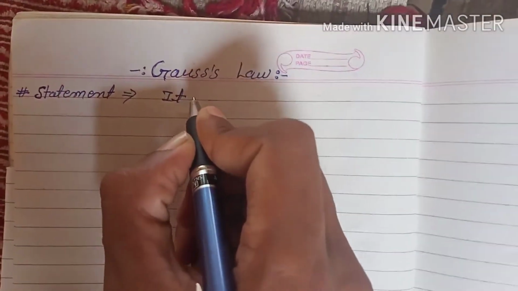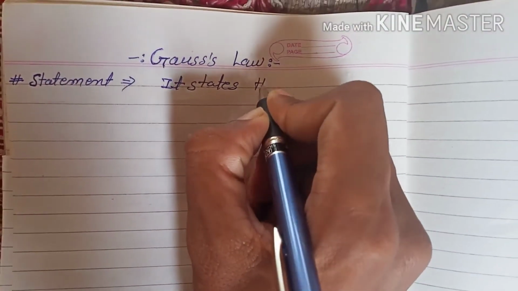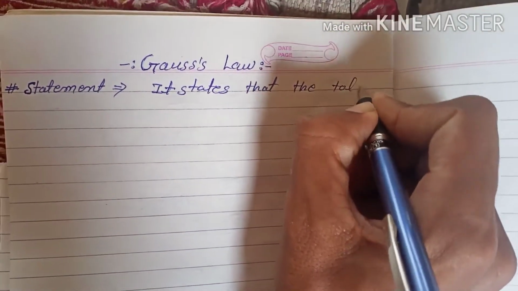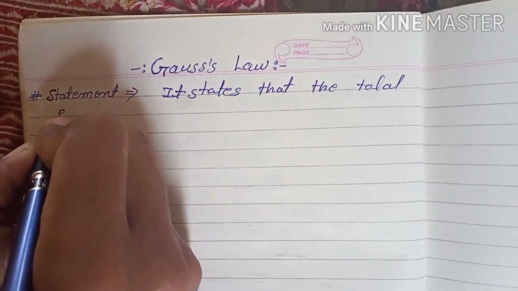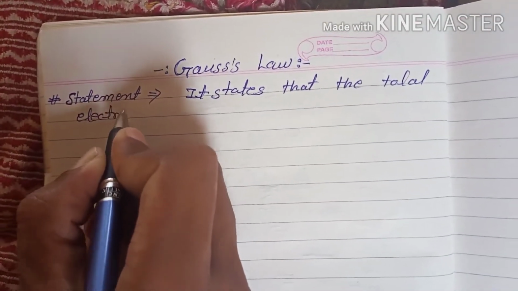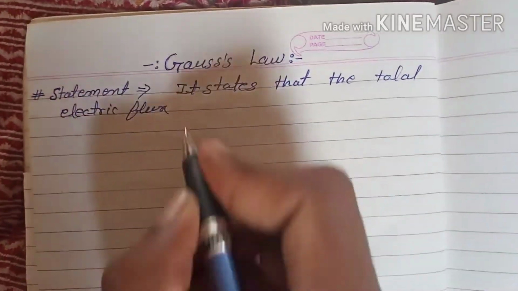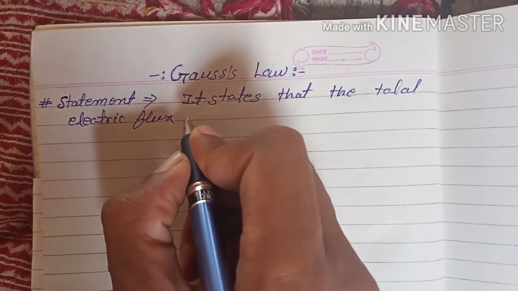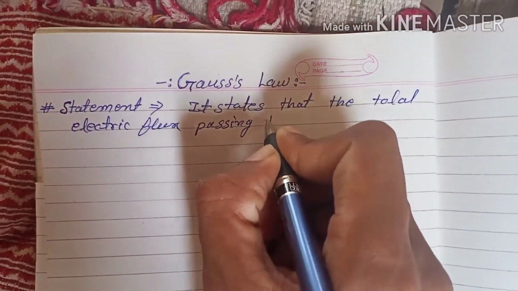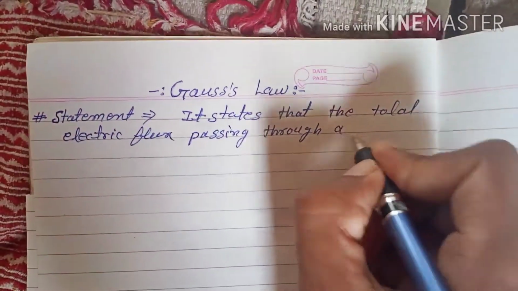It states that the total electric flux passing through a closed surface.